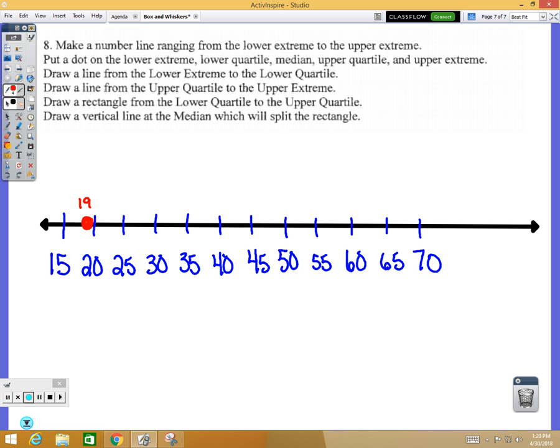What's the lower quartile? 24.5. So that's between 20 and 25, at almost 25, so it would be really close to the 25. Again, you can label it if you want. We need the median. What's the median? 34. So that's going to be really close to the 35.